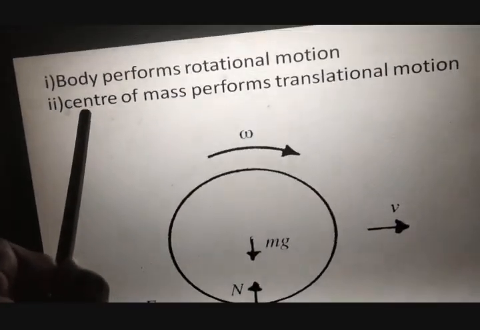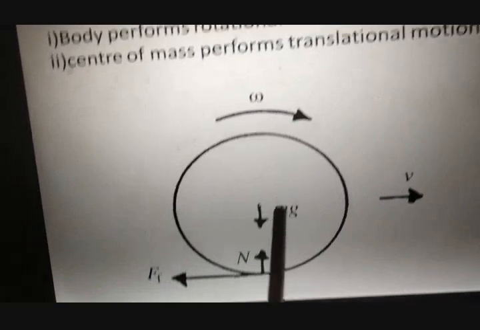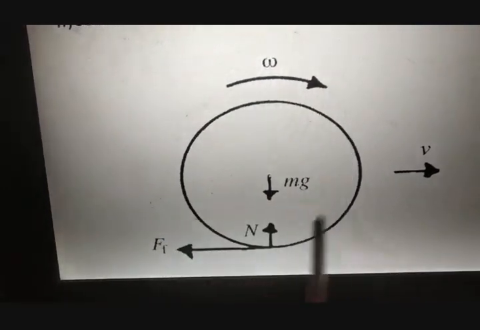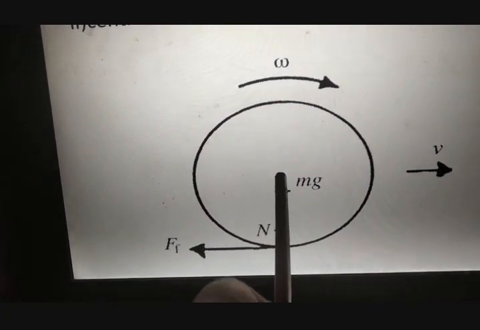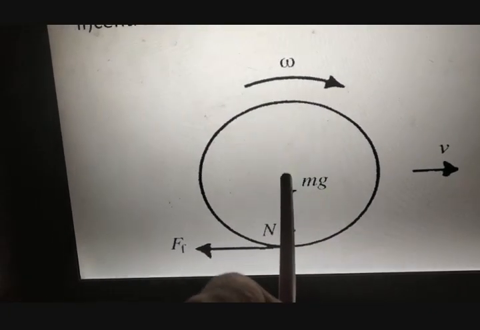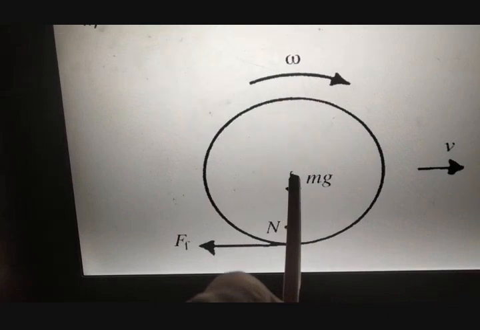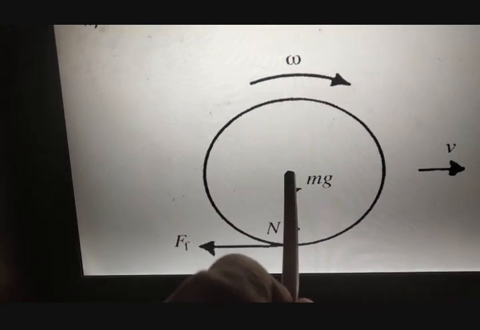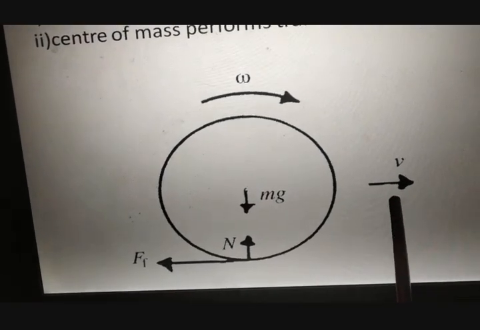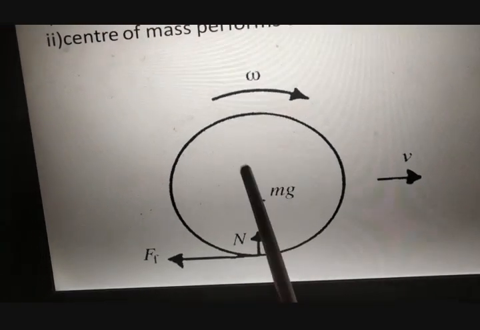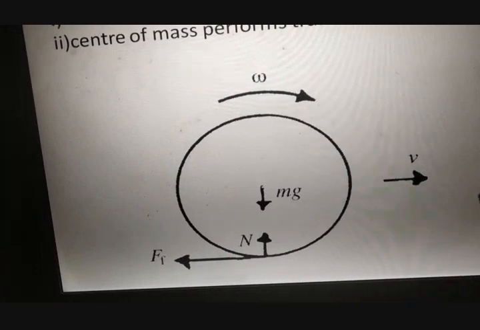As I told you, center of mass performs translational motion, meaning though all these particles are in rotational motion, this one particle, which is the center of the sphere, or the center of mass, will just go in a straight line, whose velocity will be linear velocity v.